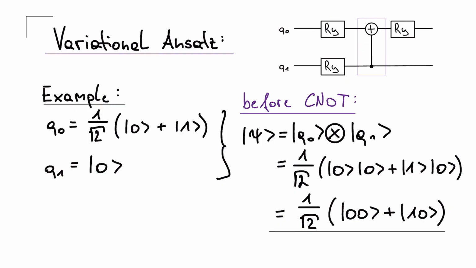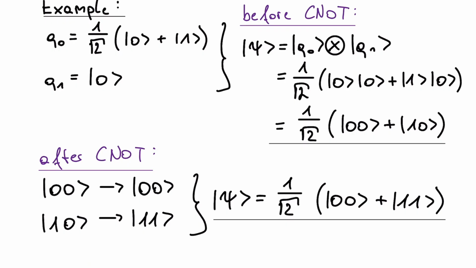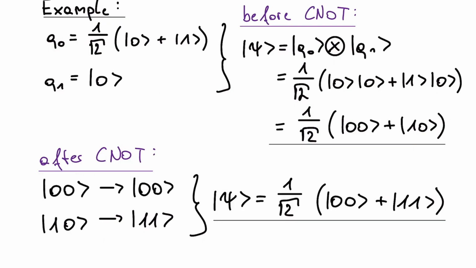These two components are not yet entangled, but after the C0, they evolve into 0,0 and 1,1. The result is the familiar Bell state 0,0 plus 1,1 divided by the square root of 2. This is indeed an entangled state, but it only covers 2 of the 4 basis states. And that is not what we want.